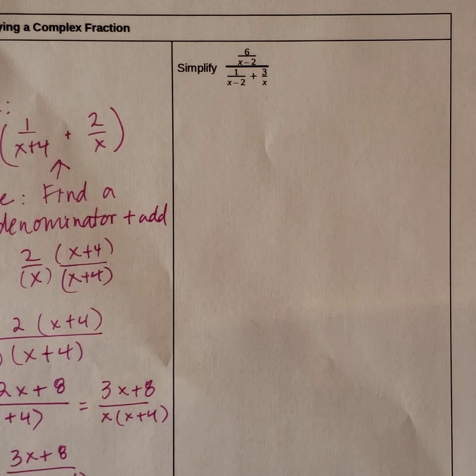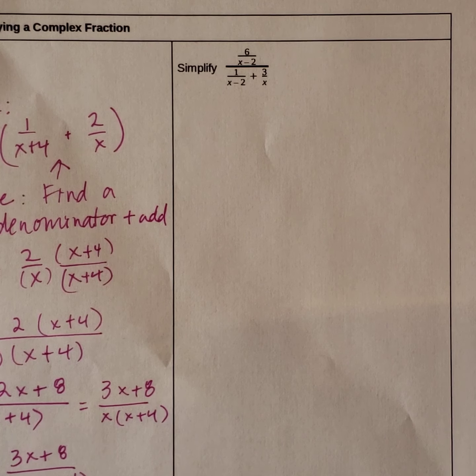So I have x plus 3x minus 6 over x times x minus 2. I'm going to simplify this some more, put my like terms together. So I have 4x minus 6 over x times x minus 2. So this expression here is taking the place of what we had on the right-hand side.